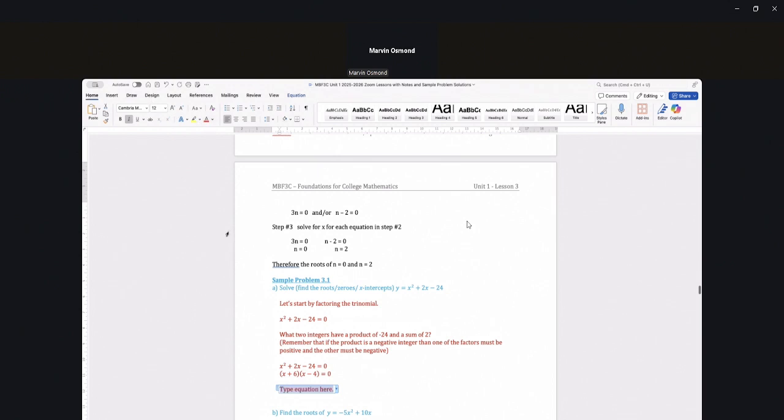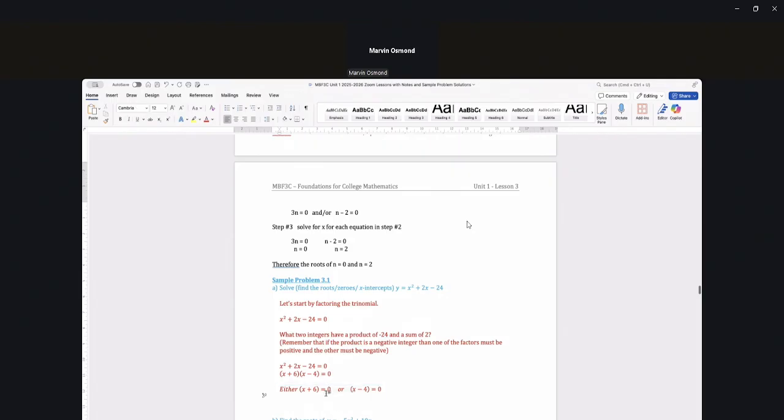So that means that either x plus 6 is equal to 0, or it means that x minus 4 is 0.